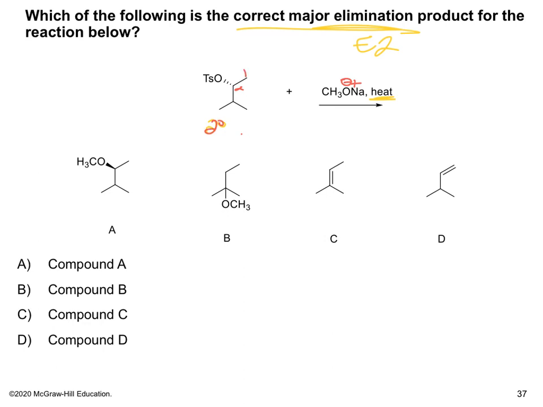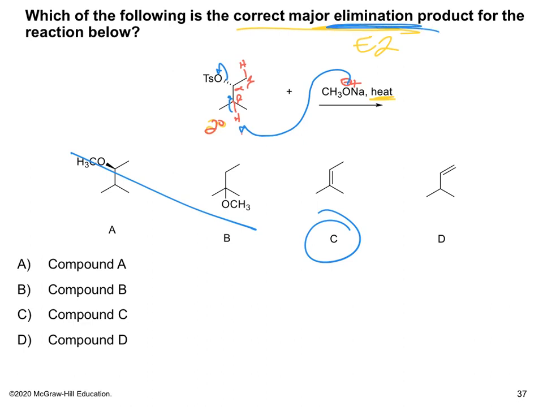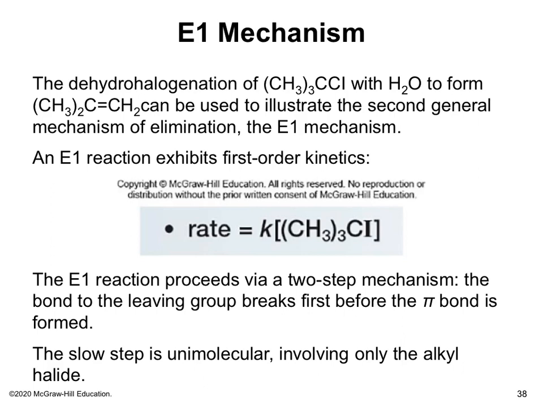And so this is my beta hydrogen here, and this is a beta hydrogen here. And then I'm going to come in and take the beta hydrogen that's more substituted, and that's my leaving group, and you would get C as your answer. You know it can't be A or B because it says major elimination product, and then this is Zaitsev's rule. And that's compound C as your answer.